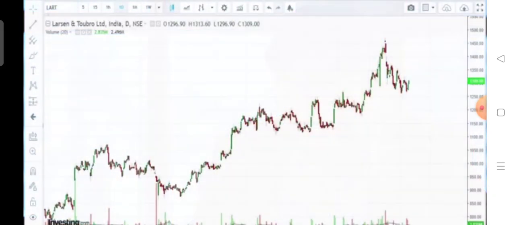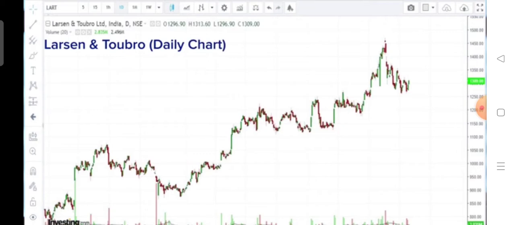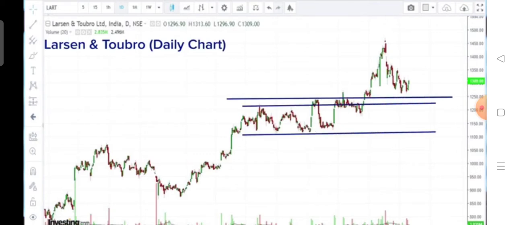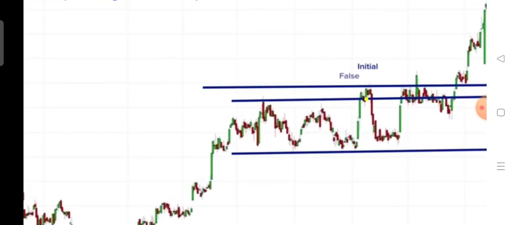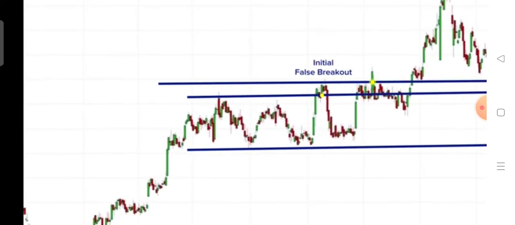Let me show you one example here. Here we are looking at the Larsen and Toubro daily chart. As you can see, a rectangle was formed in the chart from around March 2017 to November, December. First, there was an initial breakout in the month of September, but it was a false breakout. It came back very quickly.